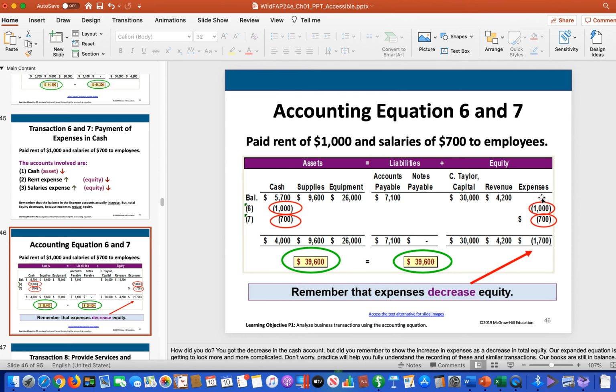Expenses also went up, which causes equity to go down. That's why $1,700 is in parentheses. So assets were reduced by $1,700, and so was equity. So we're still in balance, $39,600. Okay?